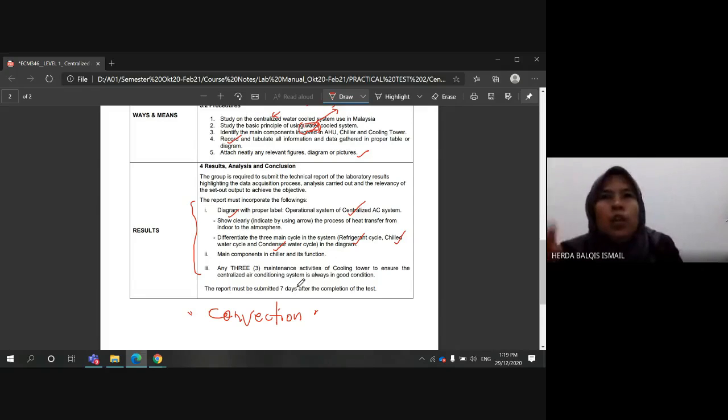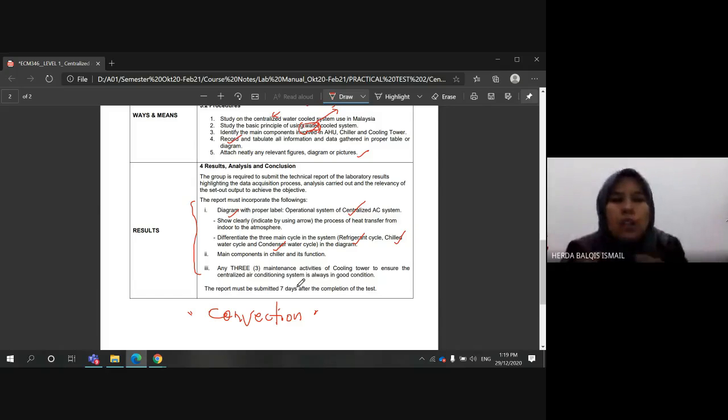Hopefully you can understand that particular part. The same goes for the air handling unit water cycle: how the heat is transferred from the air handling unit piping system to the refrigerant.